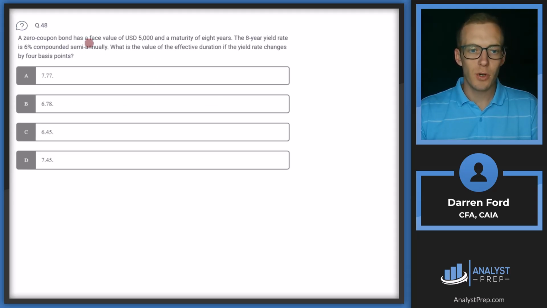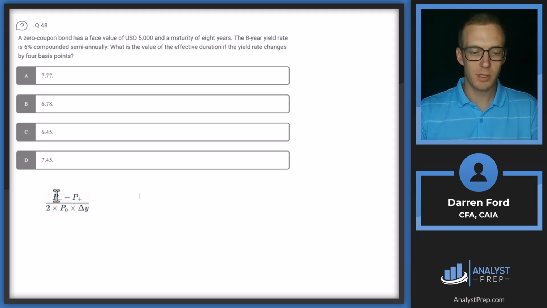Question 48. A 0 coupon bond has a face value of $5,000 and a maturity of 8 years. The 8-year yield rate is 6% compounded semi-annually. What is the value of the effective duration if the yield rate changes by 4 basis points? So our effective duration formula is going to be this right here.